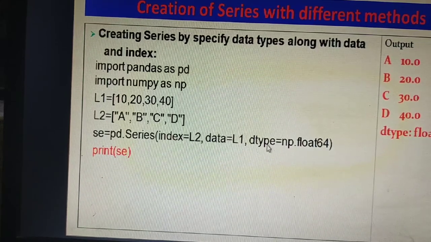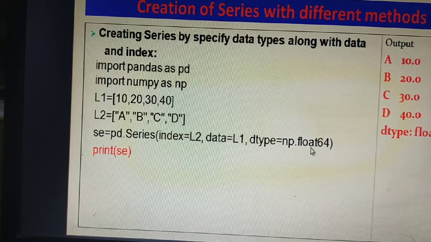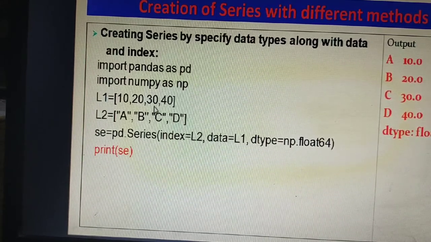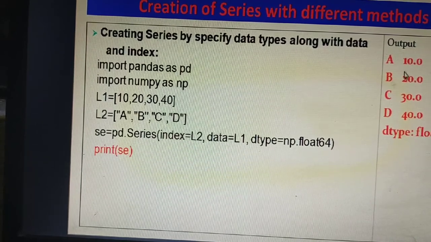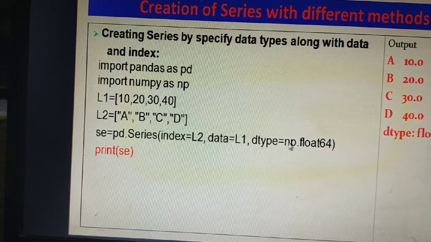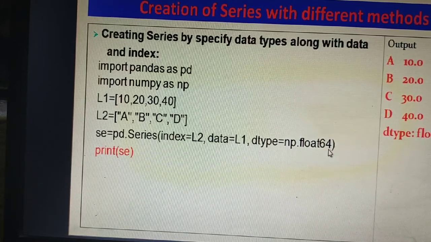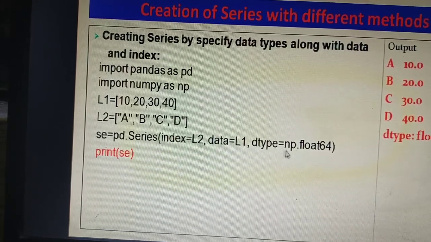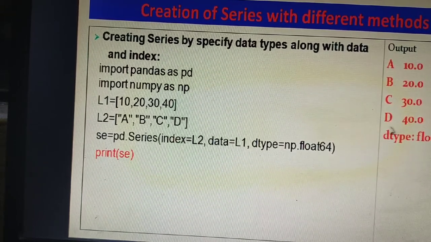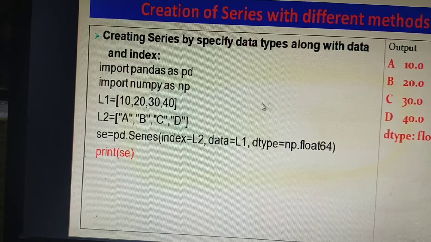And the data type you can write here, whatever data type you want. So here the integer value is there, but we want to display it as a decimal number. So here you have to write dtype equals np.float64. That should be mentioned so that your data can be displayed as a float value, not as an integer value.